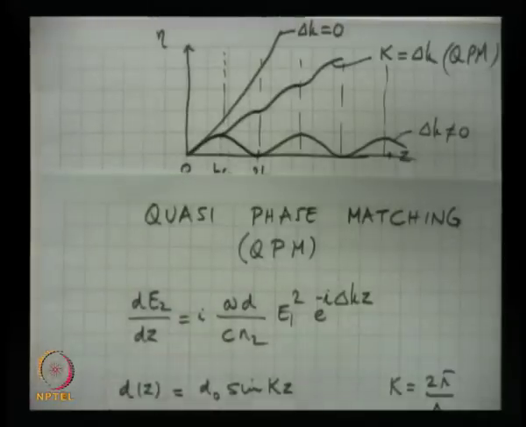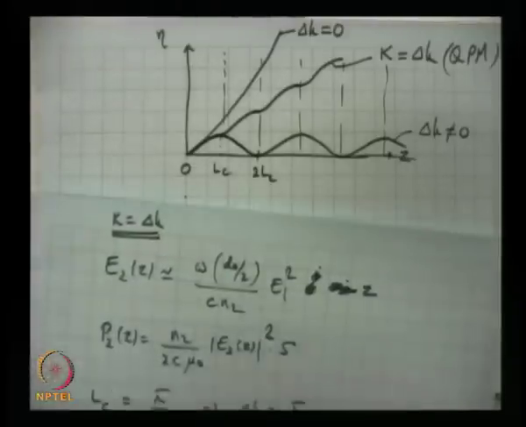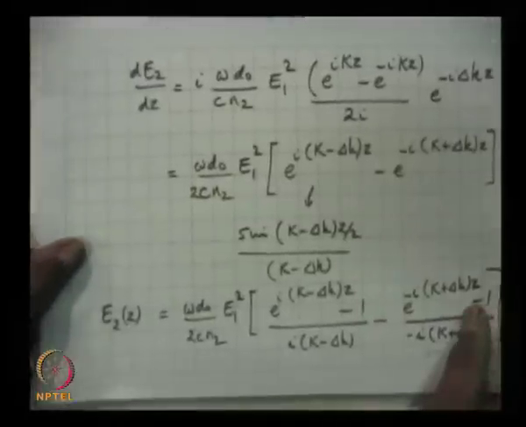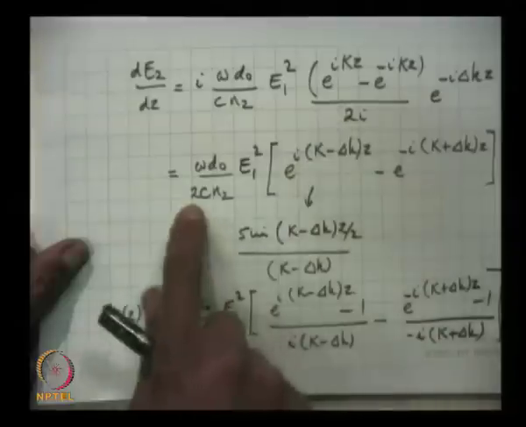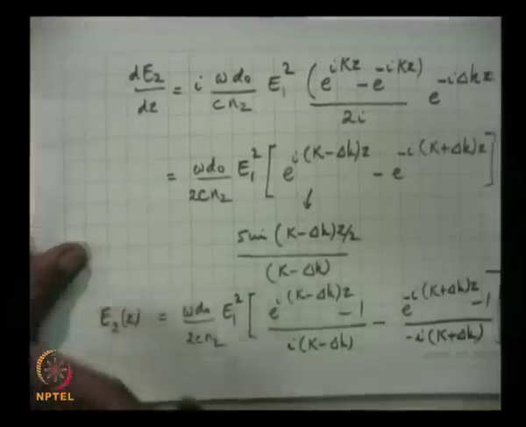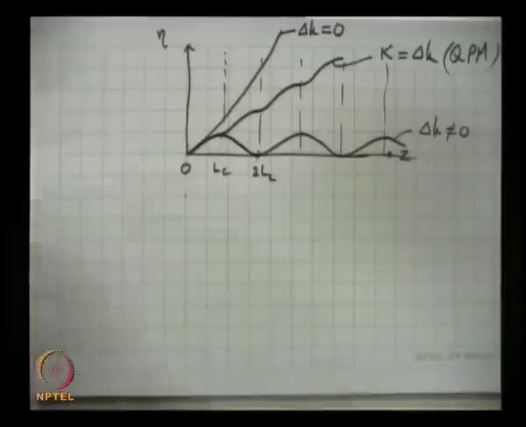So, why is d0 by 2 appearing? Because when I wrote the sine in terms of exponentials, that 2 factor came from this term. The sine is being written as a sum of exponentials, this 2 is coming from here, and this 2 is what is effectively reducing the effective nonlinear coefficient that is taking part, and that is the reason this is not rising as fast as here, it is much slower, but the power is continuously adding.